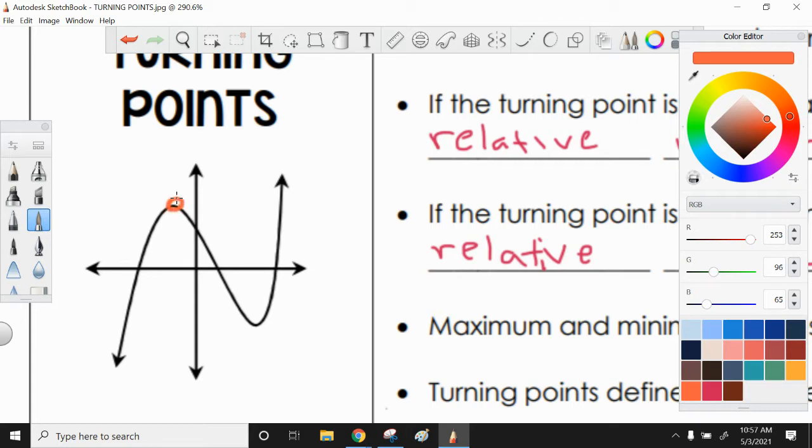If I've got my extrema, or my relative maximum here, my relative minimum here, the understanding is that it is at these points where I have swapped from going up, up, up, up, get to the top of the mountain, time to go down. Down, down, down, down, down, get to the bottom of the valley.